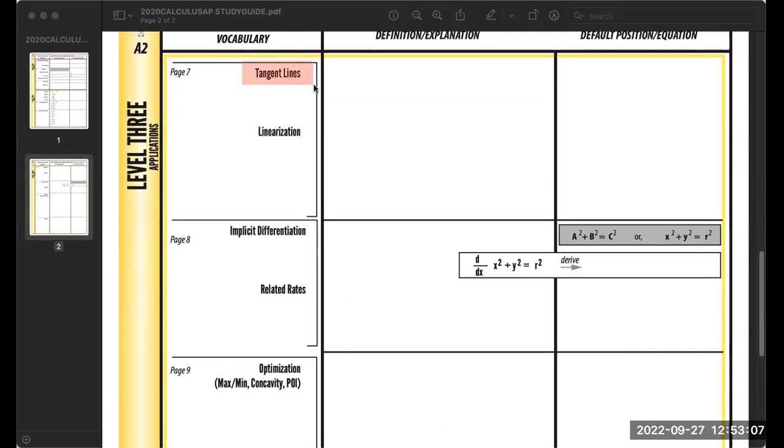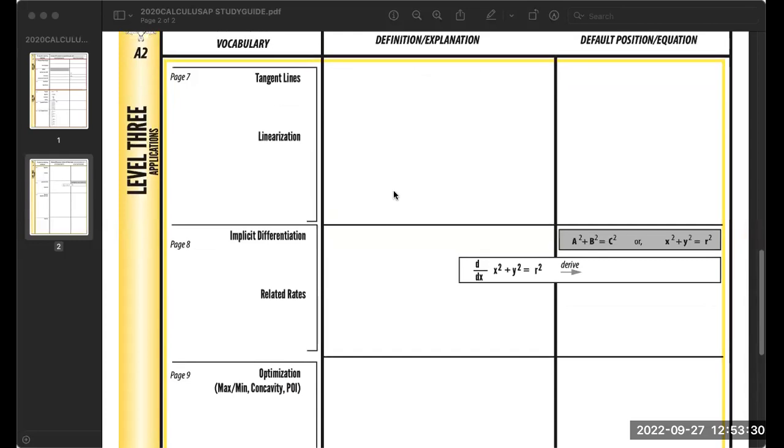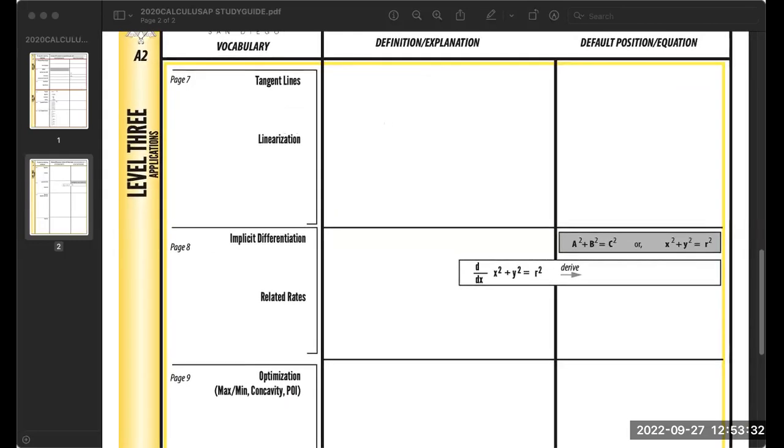Your tangent lines help you understand what linearization is. Implicit differentiation, just like right here, helps you understand and leads into your calculations for related rates. Then your optimization is your max, min, concavity, and point of inflection. And then at the very end, they go into some slope fields, all right? So let's go over this real quick overview.